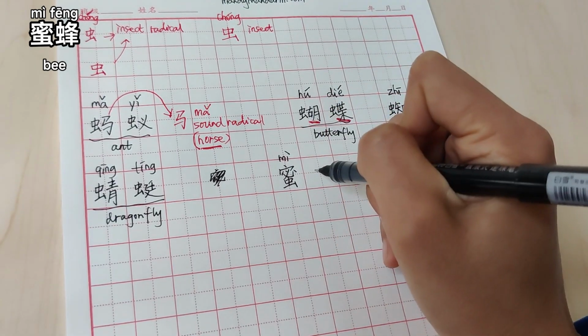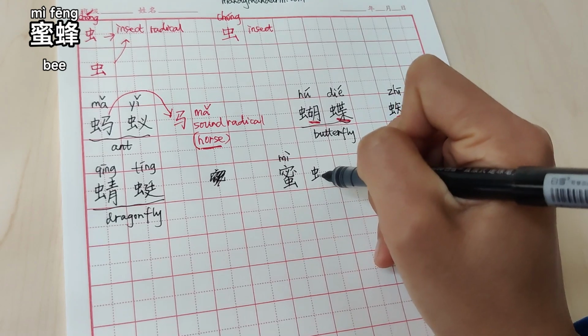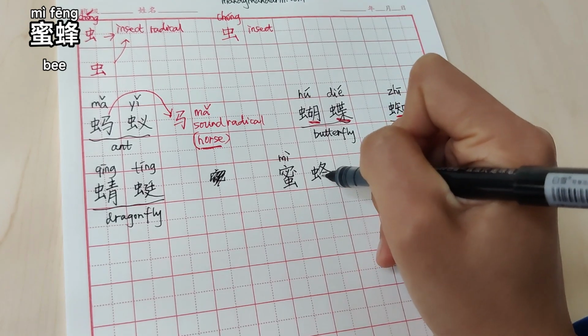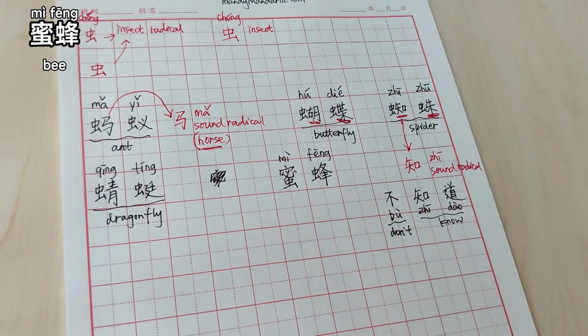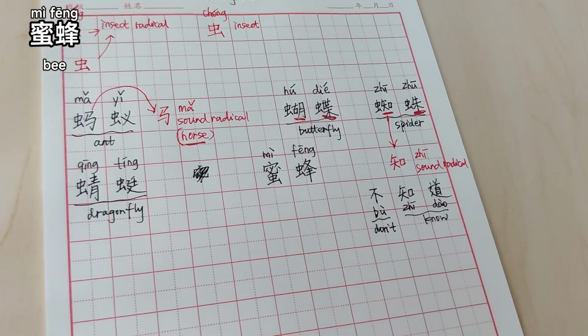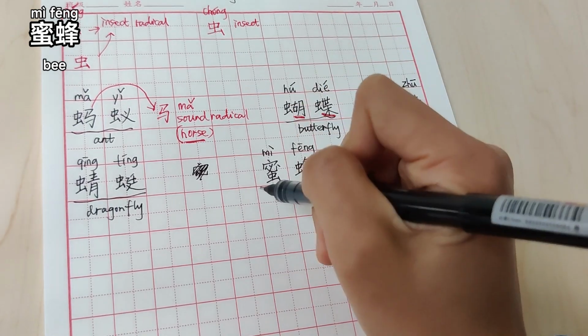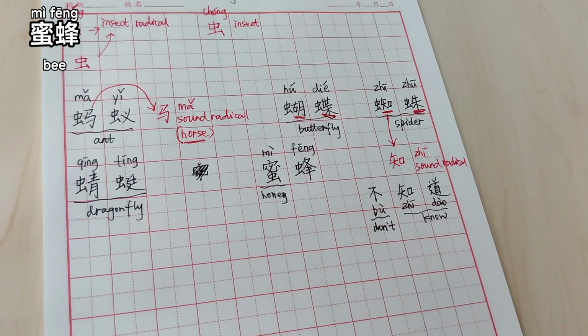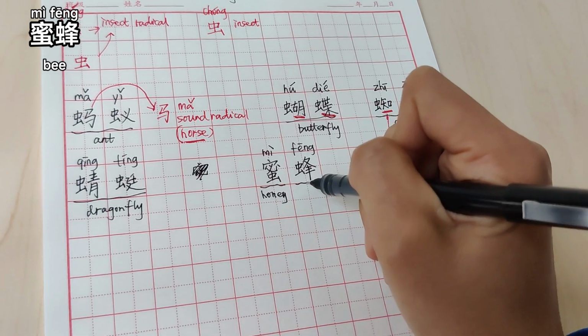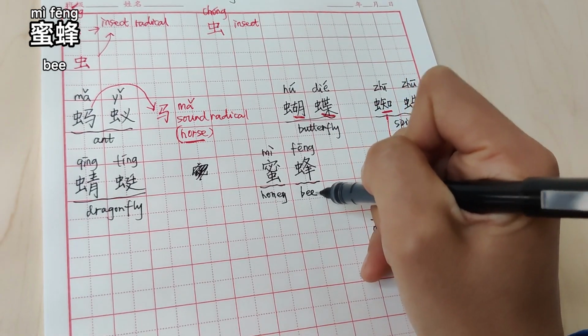蜜蜂. The 蜜 itself, it means honey. The sweet honey you can eat. And the 蜂 is the bee.